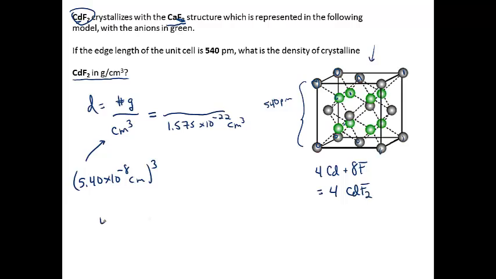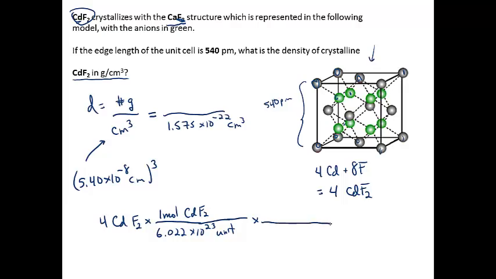So we're going to take 4 cadmium fluorides times 1 mole of cadmium fluoride for every 6.022 times 10 to the 23rd units. A unit is like a molecule, but we're talking about ionic compounds. And then we're going to multiply that by the molar mass of cadmium fluoride. What is the molar mass of cadmium fluoride?